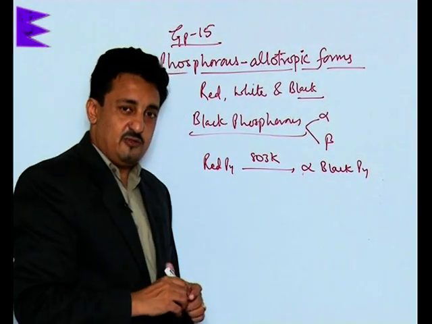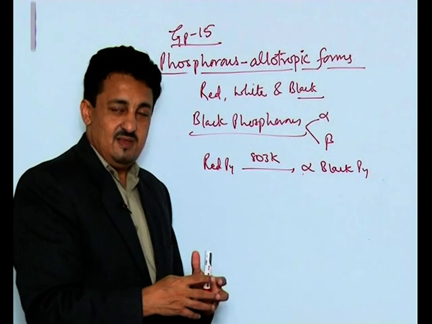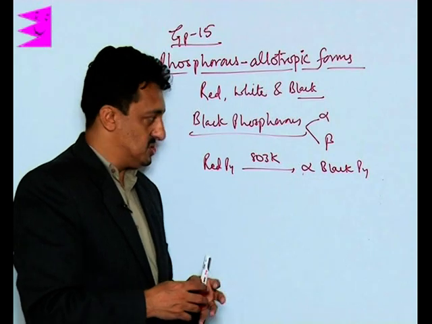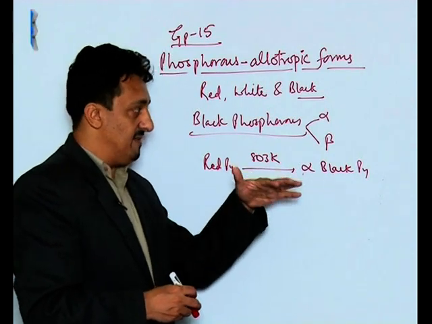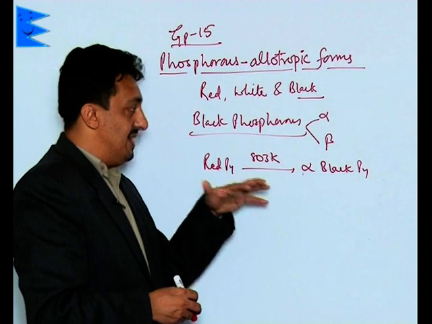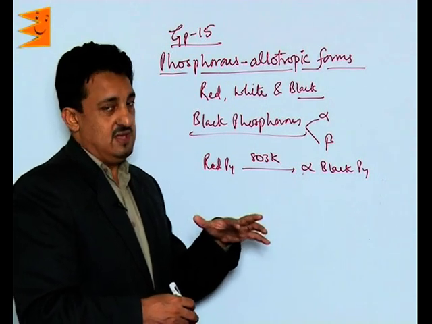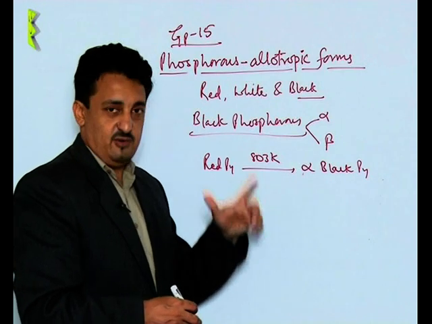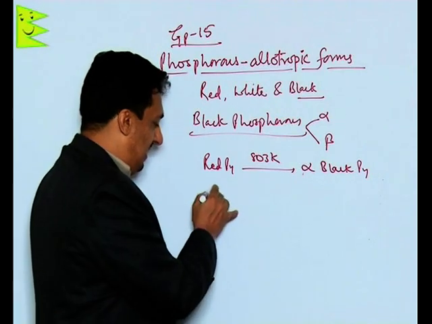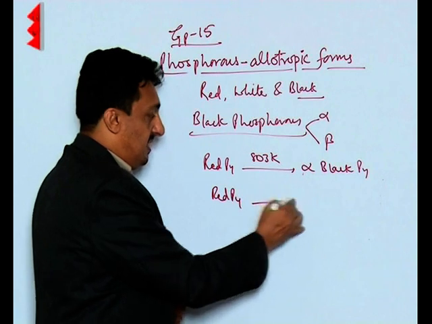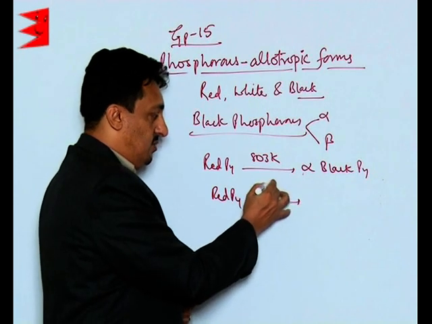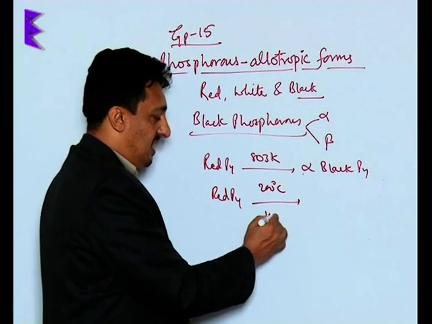This alpha black phosphorus is very inert, very stable, and doesn't show any type of reactions even at very high temperature. That is why thermodynamically the most stable allotropic form of phosphorus is this alpha black phosphorus.